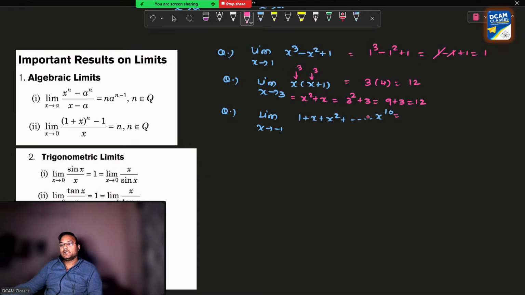Now coming to this third question. 1 plus x plus x square. If you solve this, you have to add it. 1 plus minus 1 plus minus 1 square plus minus 1 cube plus minus 1 power 4 plus minus 1 power 5. You will get a trend.